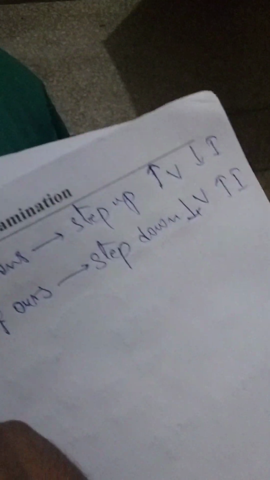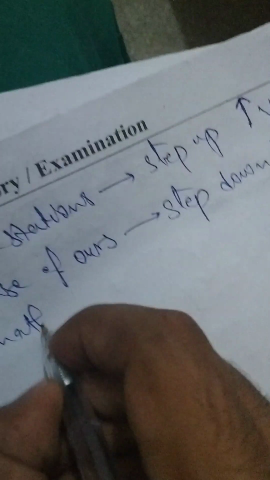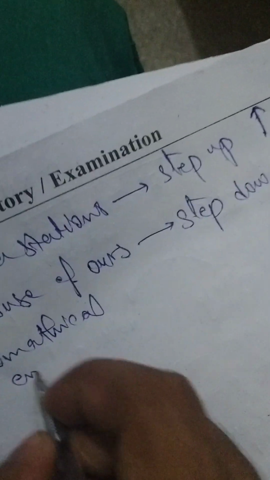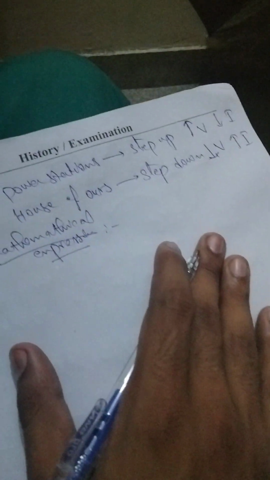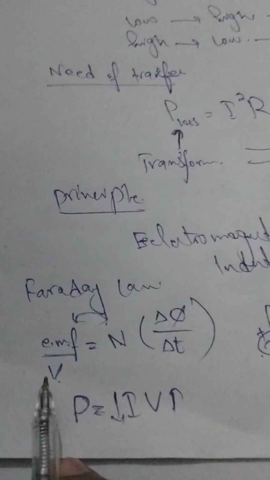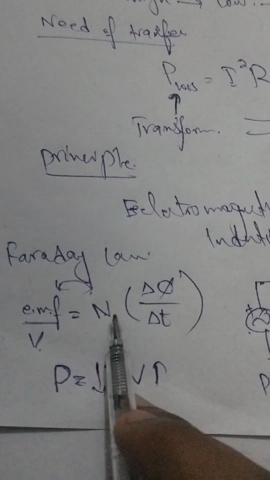So there are some of the mathematical expressions before this. So we can see expressions or relations. The first relation in transformer is that, as we have studied in Faraday's law, the EMF has a direct relation with the number of turns.